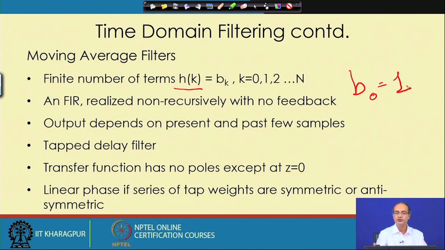Any filter we choose is inherently stable. So, filter design is much easier, and in this case the output depends on the present and past few values. So, it is a causal filter, it does not depend on the future.